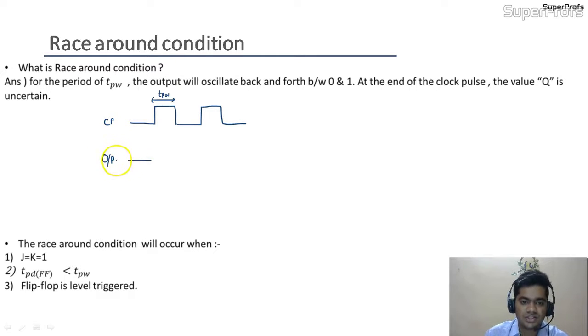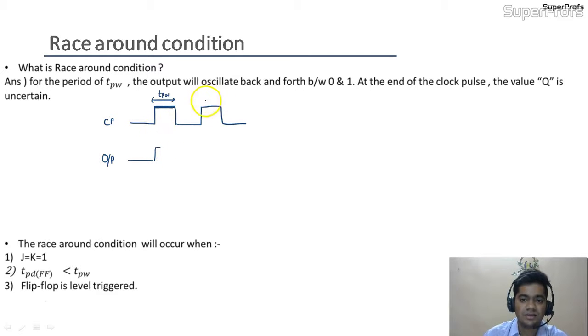Suppose initially the Q is 0. So if the JK flip-flop is level triggered, then the working of the flip-flop will be affected at this level, that is logic 1 level. Okay, so if initially the output is 0, it would change to logic 1.